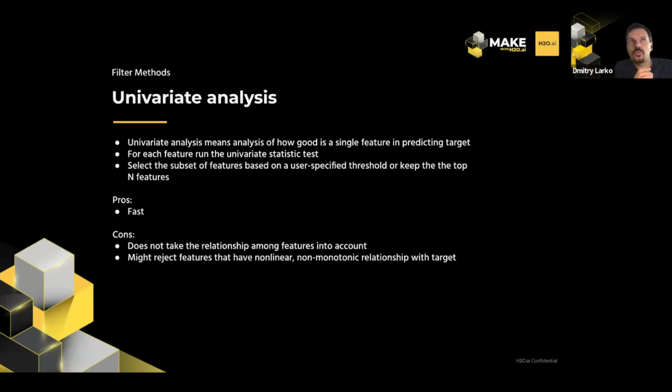So what's good about it? Well, now you're selecting features not just by themselves, but in relation to the target you have. That means you measure the feature's goodness in relation to the problem you're trying to solve. Again, it's fast, right?